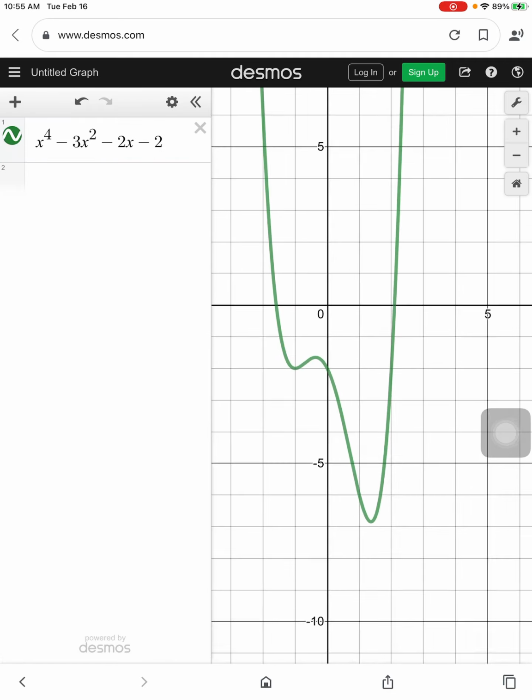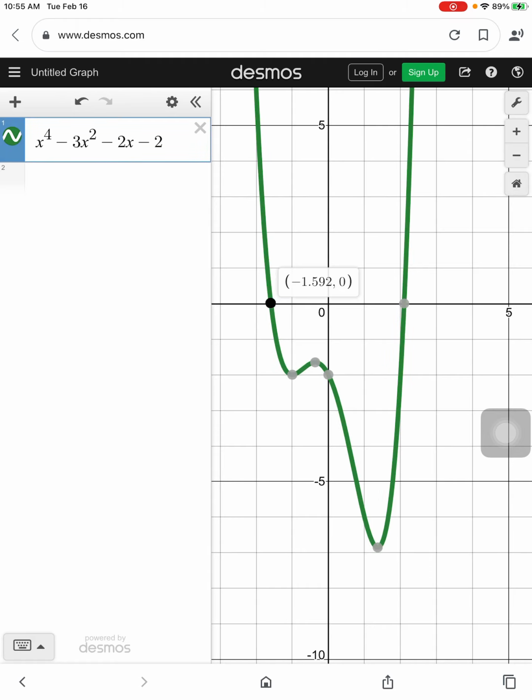Okay, so let's get some coordinates from here. So I'll look at the x-intercept, which we'll round to -1.6. Another x-intercept is at 2.1. We have a local minimum at -1, -2.